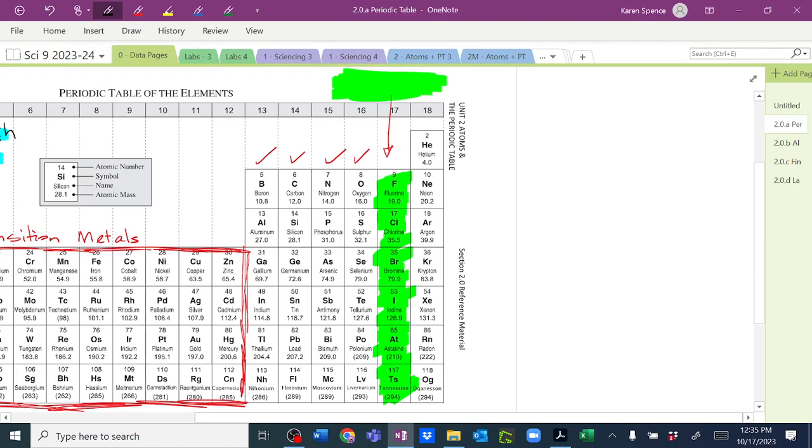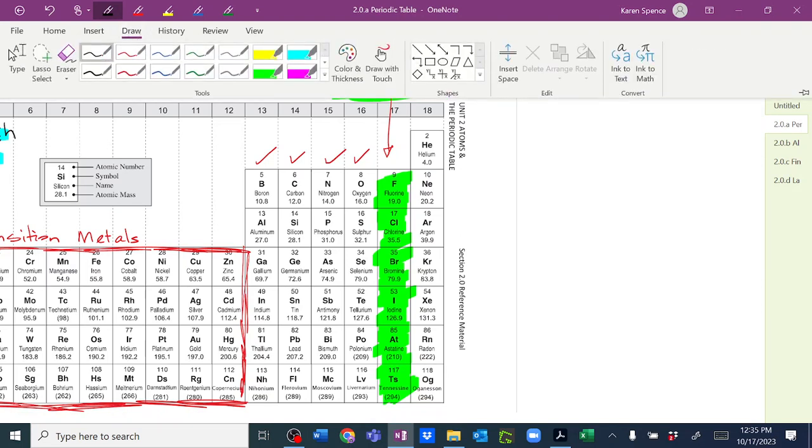So you can think that they have a halogen. So those are the halogens. Yeah, you had kind of the right letters going on there. That was good. Okay, so we have the halogens.